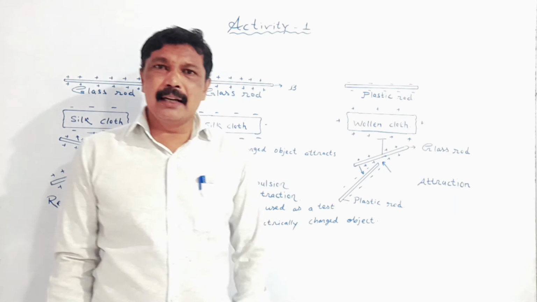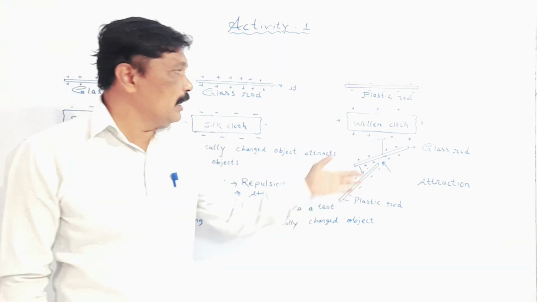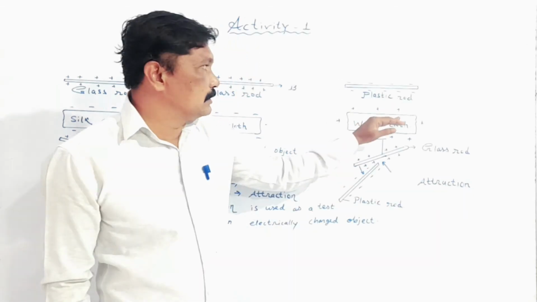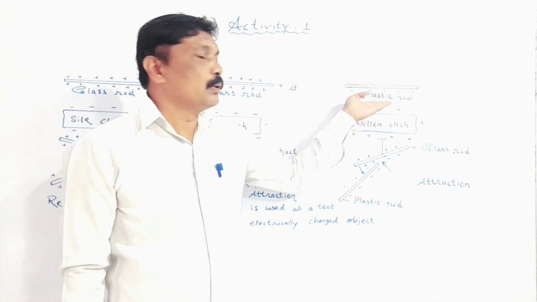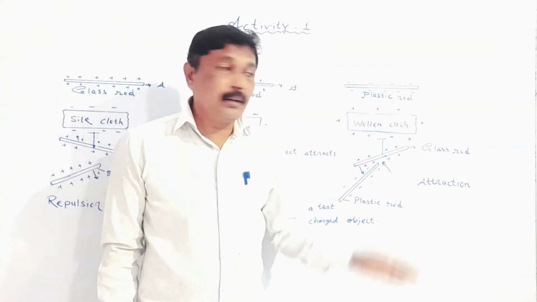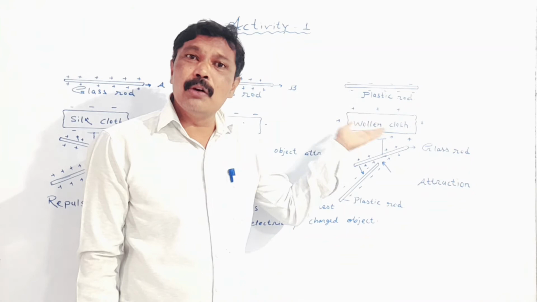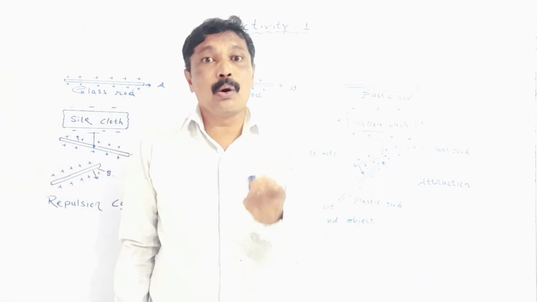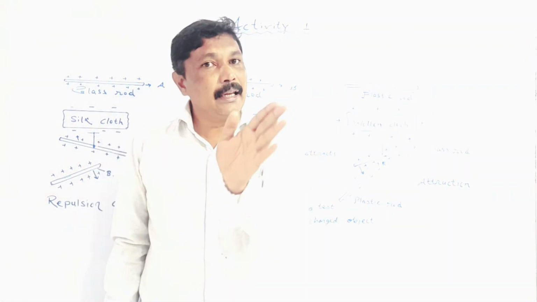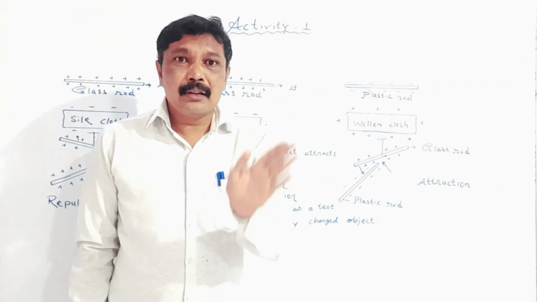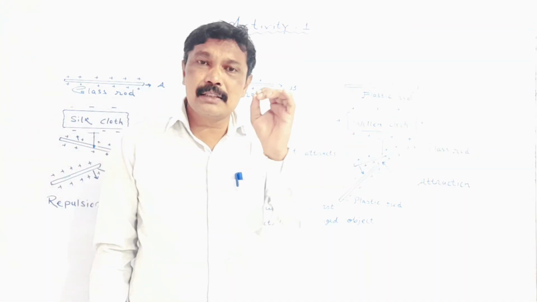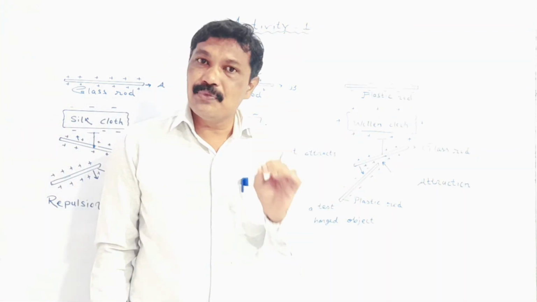Now what is the reason behind it? My dear student, here the negative charge from the woolen cloth is given to the plastic rod. Now here, my dear student, when negative charge comes out of the woolen cloth, automatically what happens? The positive charge in the woolen cloth will increase. And if the positive charge increases, then the woolen cloth is said to be positively charged.